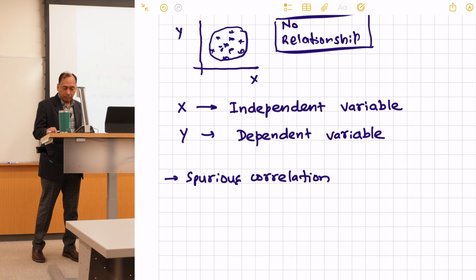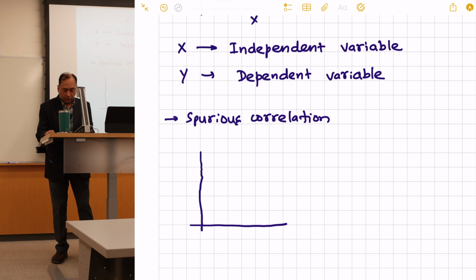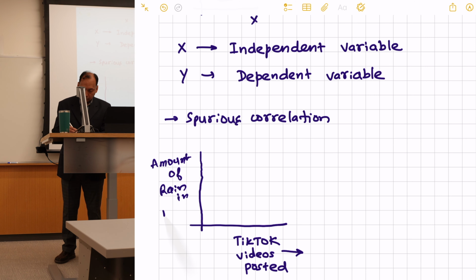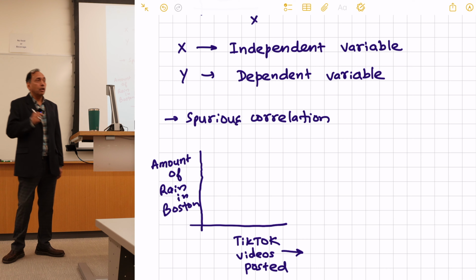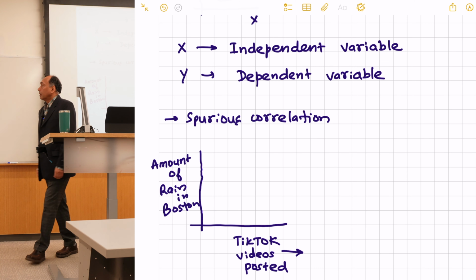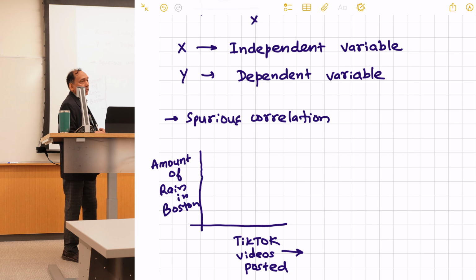So you cannot simply plot two variables and call that a correlation or relation between x and y. Suppose you have two variables: how many TikTok videos people post on a given day, and the amount of rainfall you get in Boston.